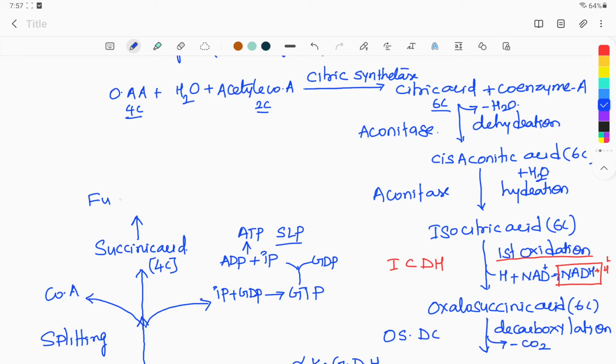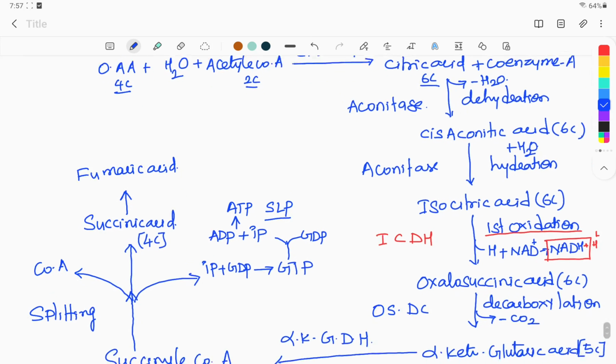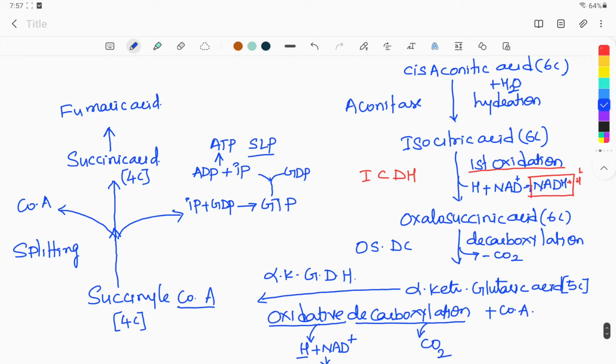Here the third oxidation takes place. So you see, this is the first oxidation, this is the second oxidation, and here the third oxidation takes place.